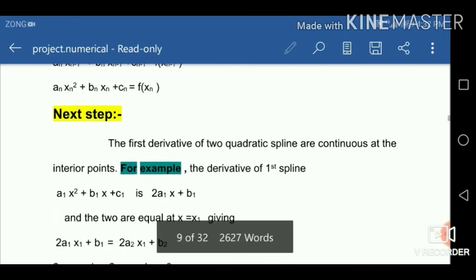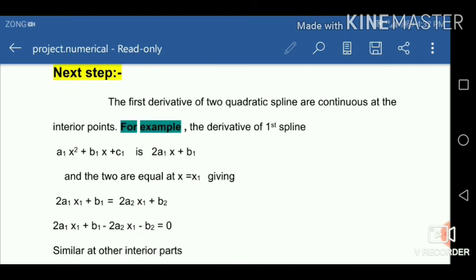The next step is that the first derivatives of two adjacent quadratic splines are continuous at the interior points. This is a very important point.